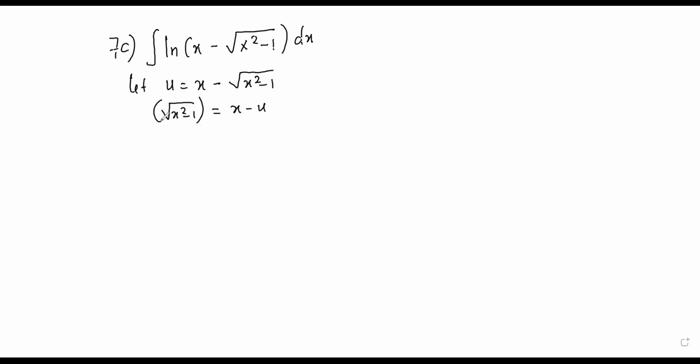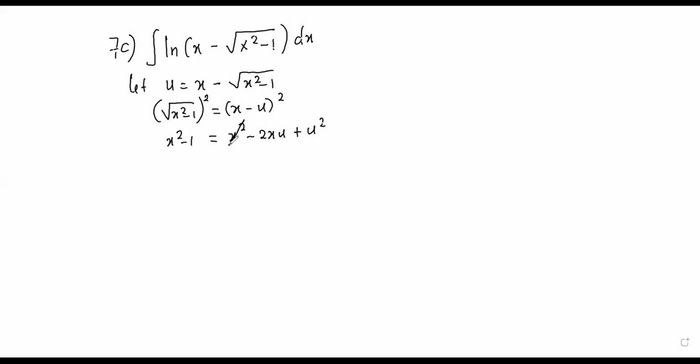Then you square both sides. So we're going to remain with x squared minus 1 is equal to x squared minus 2xu plus u squared, like that.